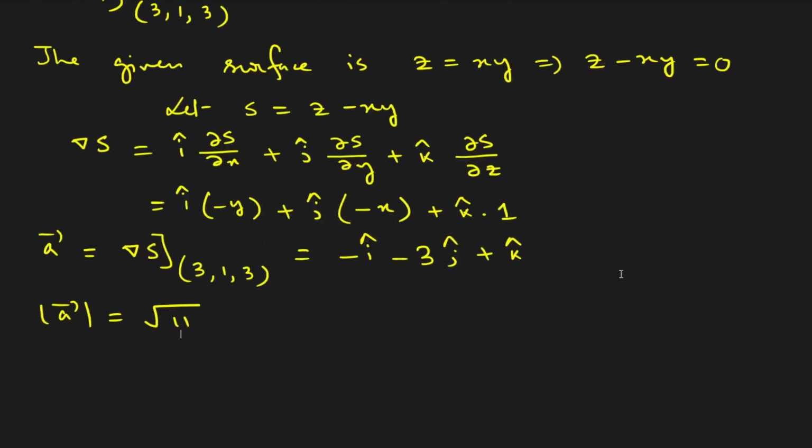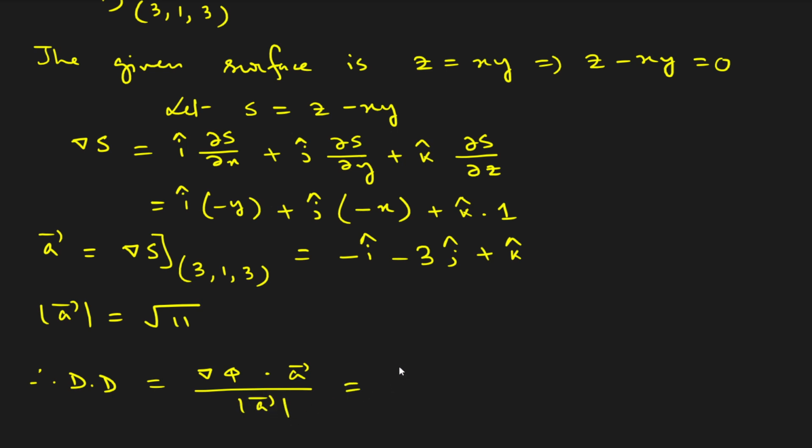So now we can find the directional derivative. The directional derivative in the direction of the normal to the surface is nabla phi dot A bar divided by magnitude of A bar.